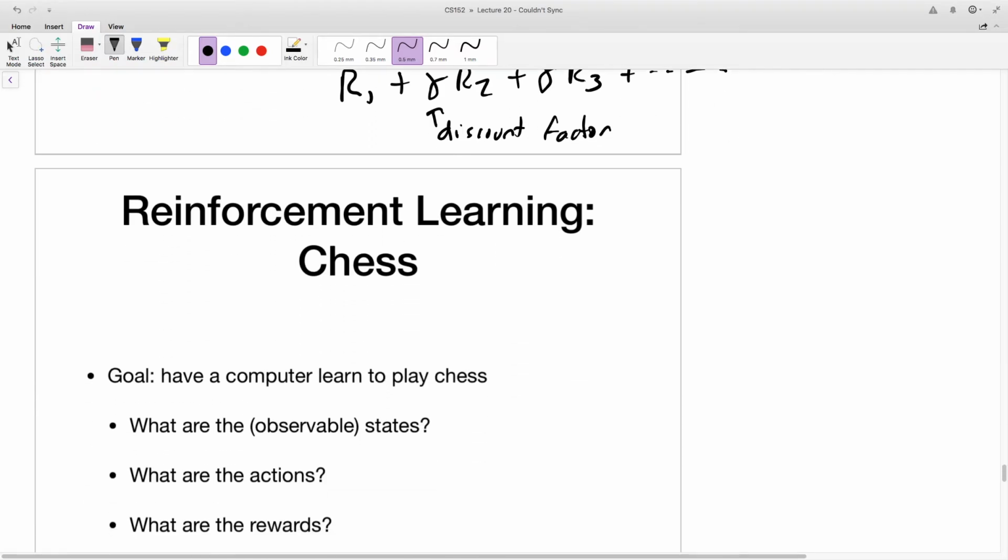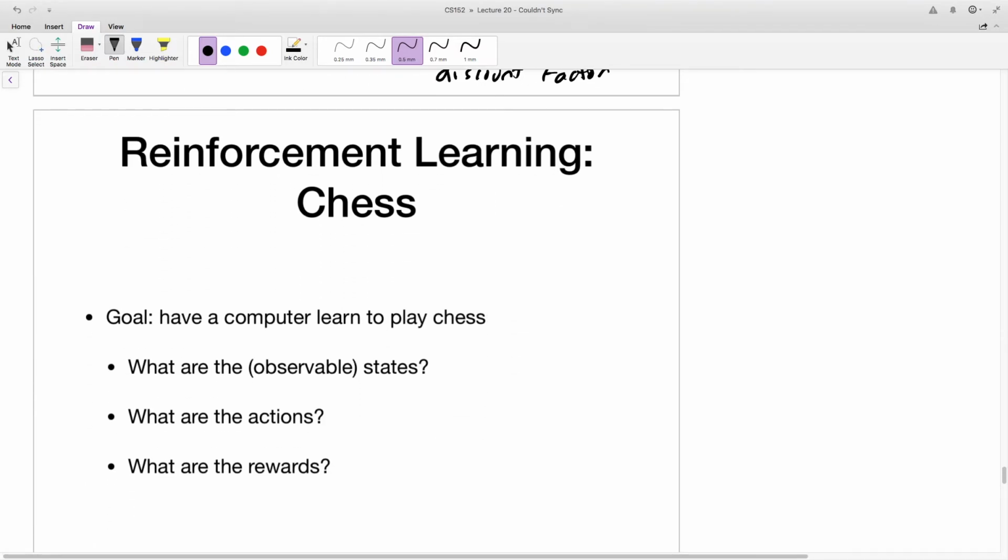So here's what I want you to do. Groups of, I don't know, 3, if you wouldn't mind going back with them. Let's say you want to have a computer learn to play chess. What are the observable states? Let's say you work together and decide that. What are the actions? And what are the rewards? I understand you don't quite know these things yet because we're just learning, but that's okay. It will be useful for you guys to work it out.